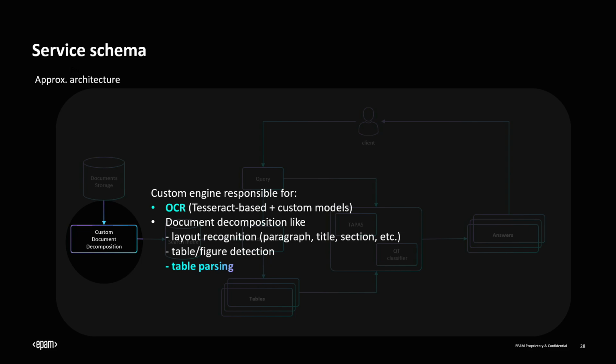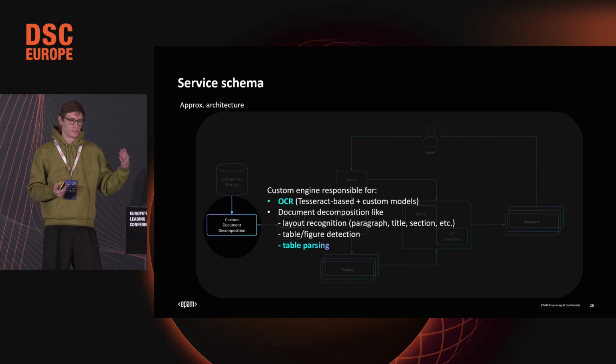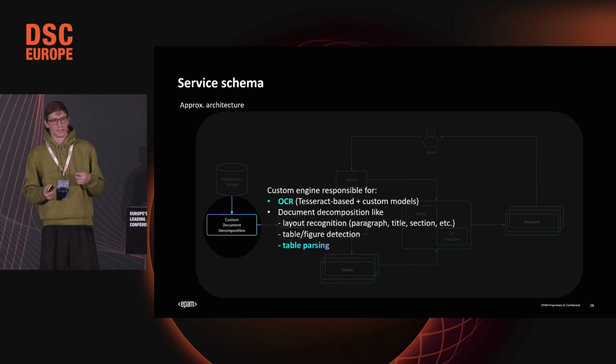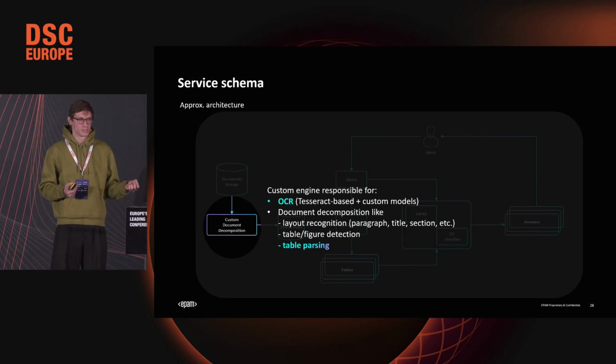For that, we have a custom-built OCR engine, which has Tesseract inside of it, but also additional components for layout decomposition, meaning that it can extract section names, titles of the document, different paragraphs, and the whole hierarchy of the document. What's important for us is that it can extract figures and tables for us to use.